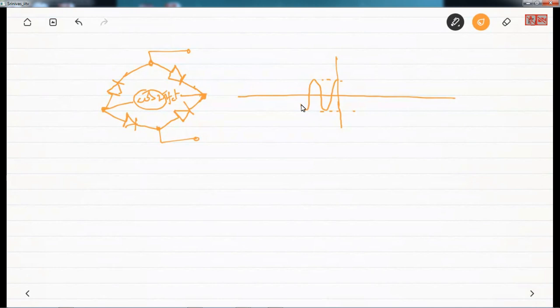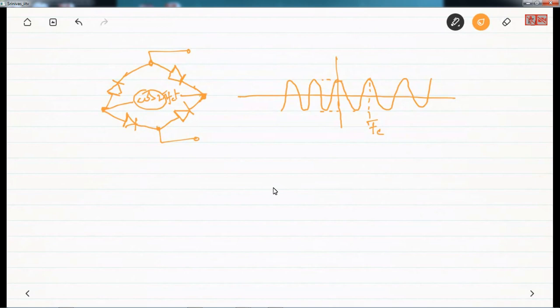Right? So assume that is a cos signal. I know that is not exactly a cos signal, but its frequency is 1 by fc.